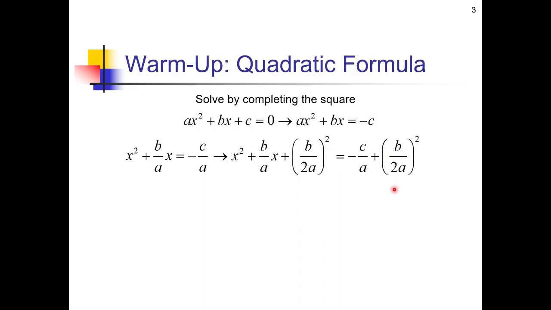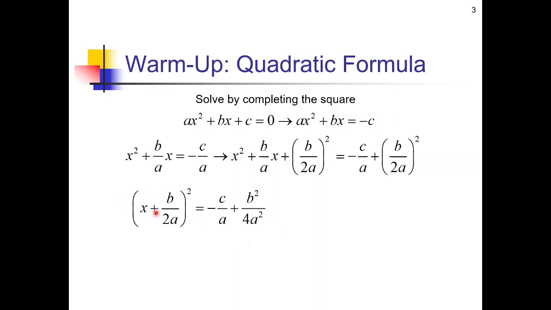We got to be consistent. And we can go a little bit further now from here. For the left side, I can factor this into x plus b over 2a quantity squared. And on the right side, I'm just going to simplify this a little bit. So we'll have b squared over 4a squared if I square both of those. And the negative c over a is still hanging around.